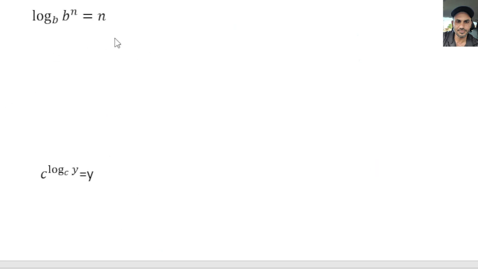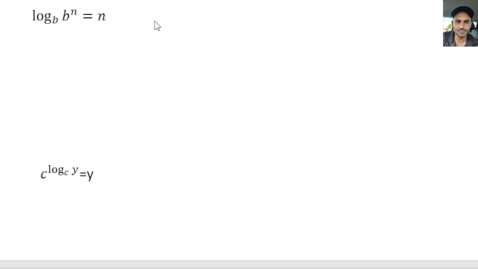Here we are looking at a couple of other properties. We have log of a number b raised to the nth power, and we're taking the log of that with respect to base b. So these two are the same. The log of a number and the base are the same. To prove that, we know that with the power property of the log, the n becomes the multiplier or the coefficient.